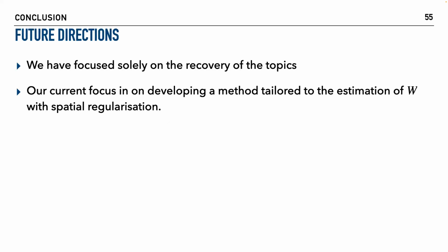In terms of next direction, all of this was motivated by this spatial transcriptomic example. And now that we've understood what has been done for the matrix A, we're trying to understand how we can actually reliably estimate the matrix W, so the topic assignment matrix, especially with the idea that we want to do spatial regularization in that case, right? We want to really focus on that. And the idea is that we can actually leverage some of what we've learned for the estimation of A for the topic estimation, right?